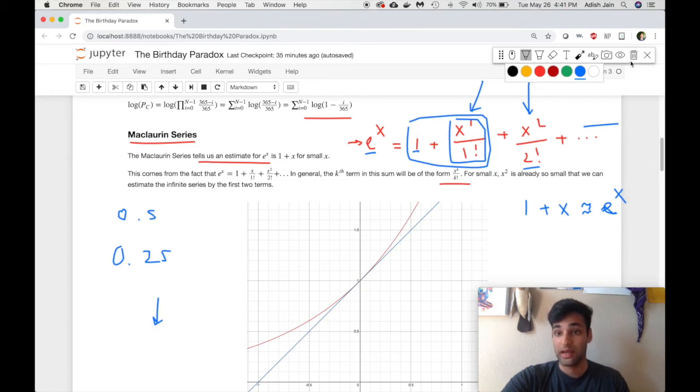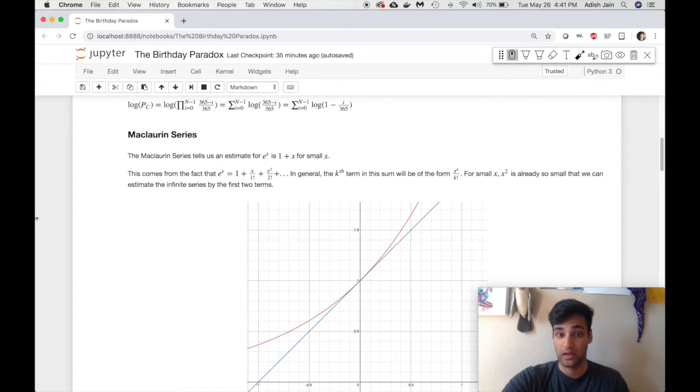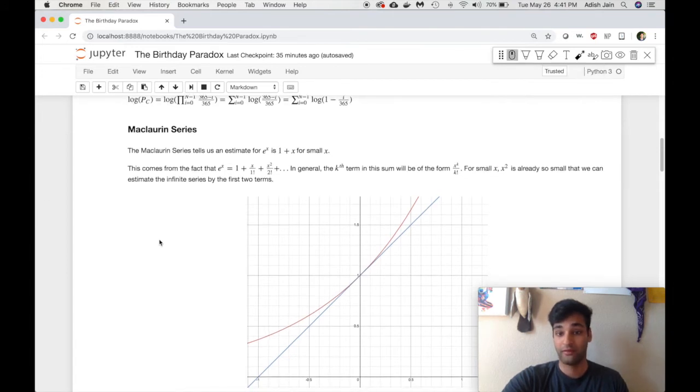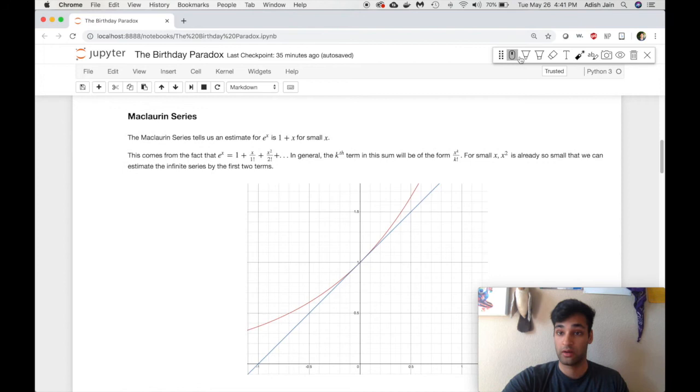And we can actually see that right down here when we graph these two functions out. So this right here is e^x, and this line is 1 plus x.